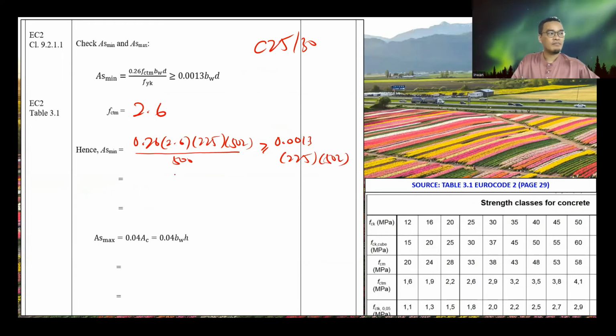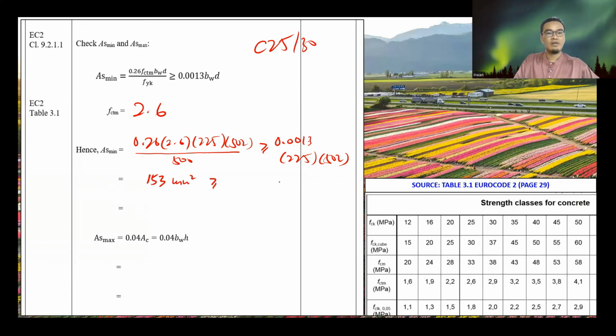Any answer? For AS minimum, any answer from this one? 152. 1.7, so make it 153 mm square.